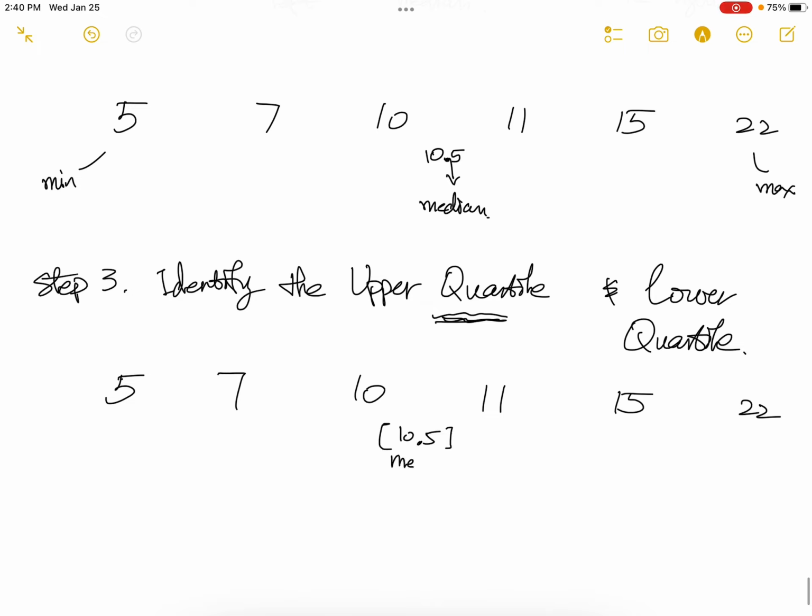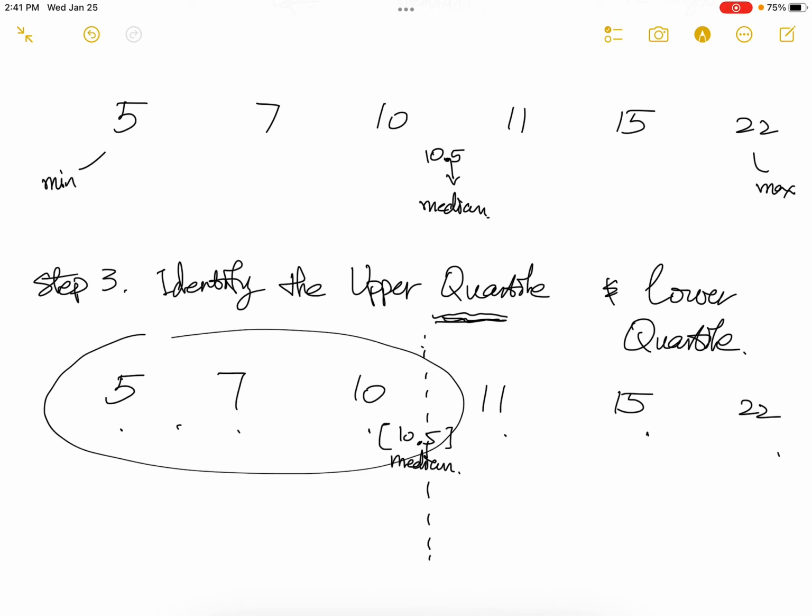This is the median. So quartile, basically if we look at these numbers, the median divides these 6 numbers into 2 halves. 3 numbers on this side, 3 numbers on this side, right? So the quartile just means taking this half and dividing it again.